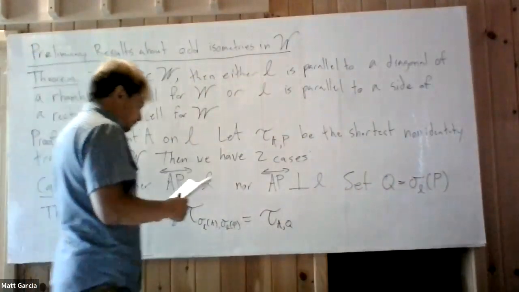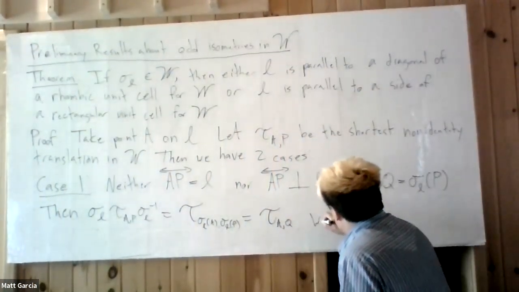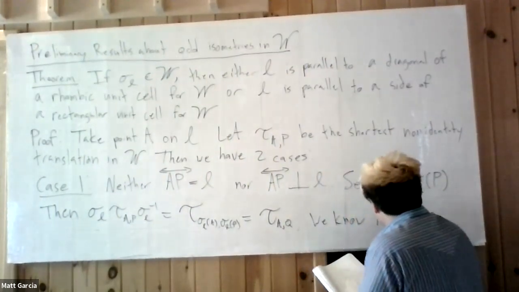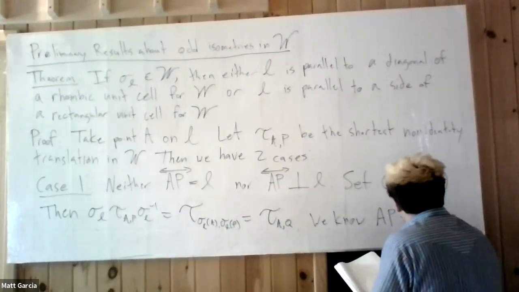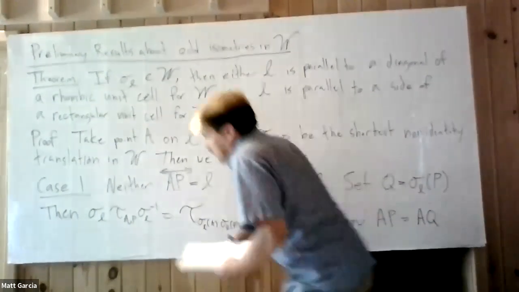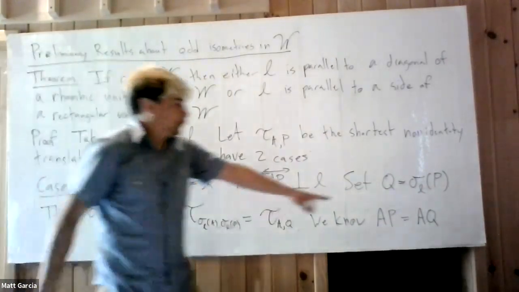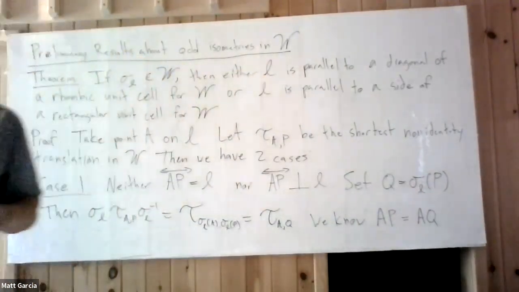Okay, so here's one thing we know, that the distance AP is equal to the distance AQ. Right? Because the points on the line L are the points equidistant from P and Q, just because Q is the image of P under reflection in L. Right?